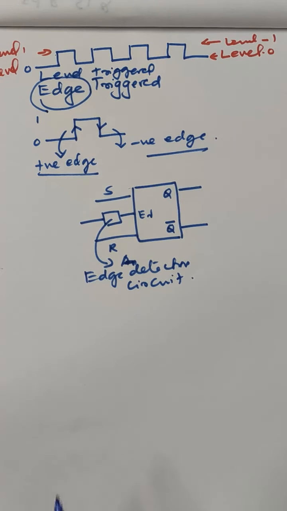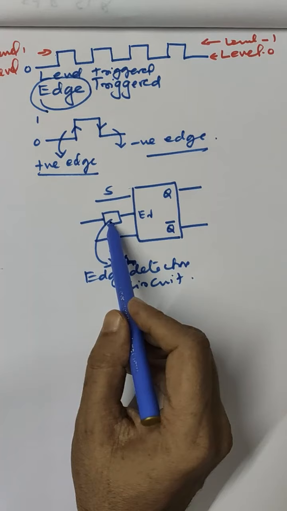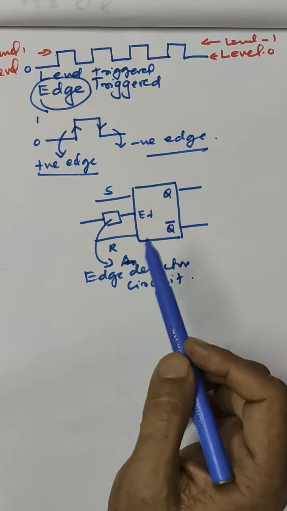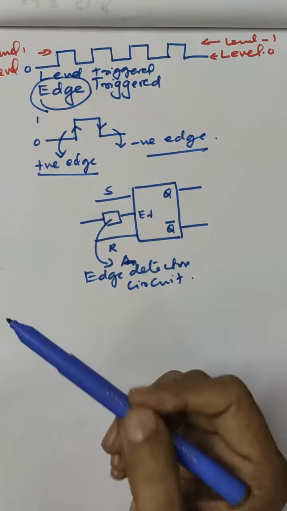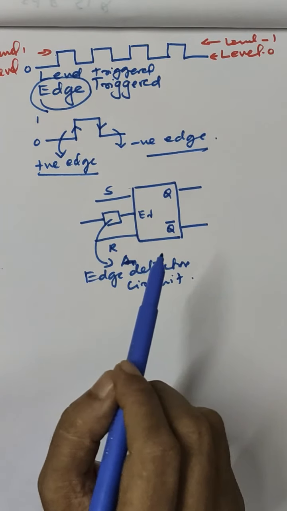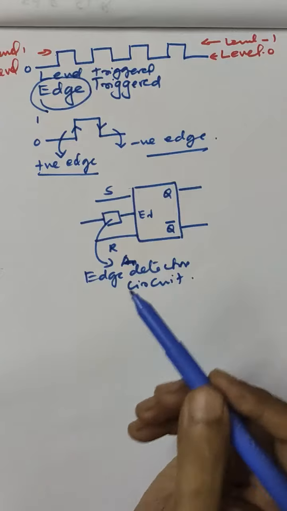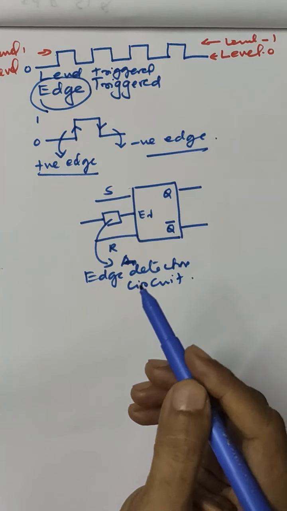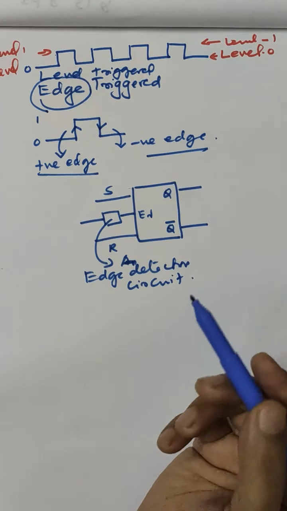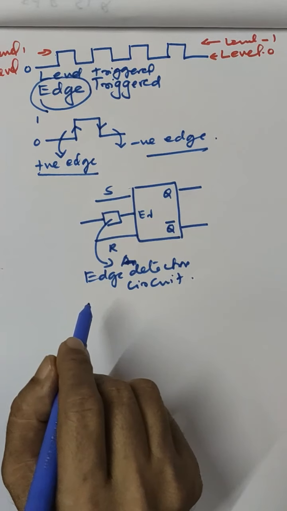So depending upon the type of this edge detection circuit, there are two types of clocked flip-flops known as negative edge triggered flip-flop or positive edge triggered flip-flop.